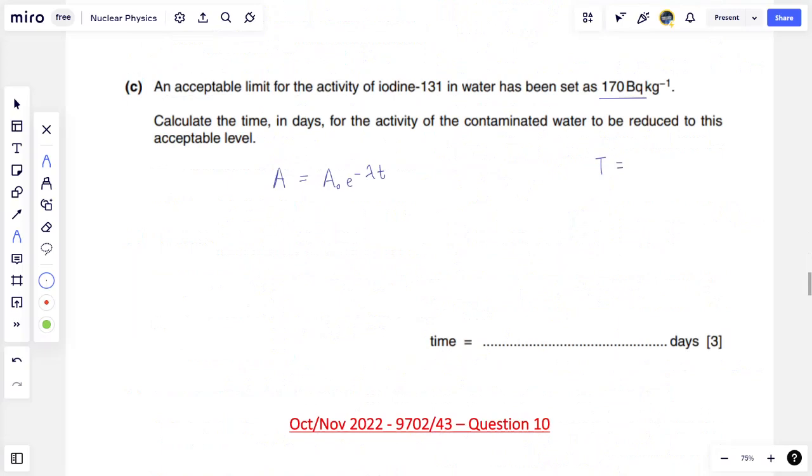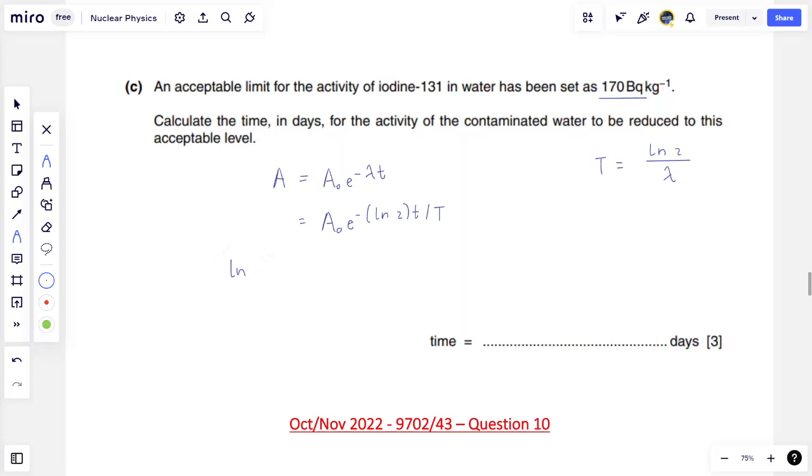So I can say that this half-life is the natural log of 2 divided by lambda. I can prove it if I don't remember it. So this equation takes a different form. This is A naught e to the power minus log 2 times t divided by the half-life, uppercase T. Now I can linearise, taking the natural log of both sides.